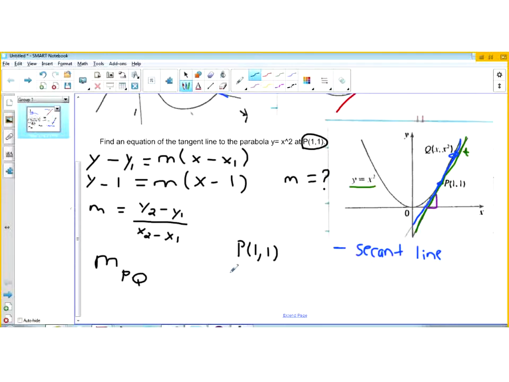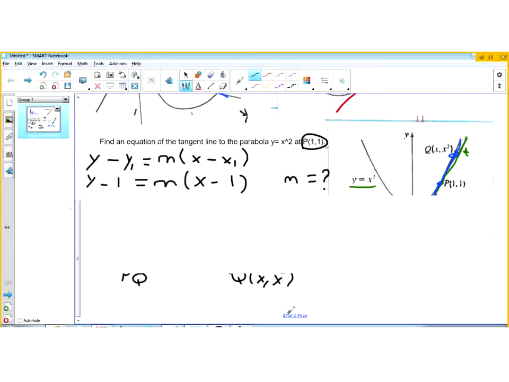Now Q is an arbitrary point on the parabola. So point Q, its abscissa, let's just say x, any number x, except for 1. And if x is the abscissa, then the ordinate must be x squared, right? Because y is equal to x squared. So we have a generalized coordinate for Q.